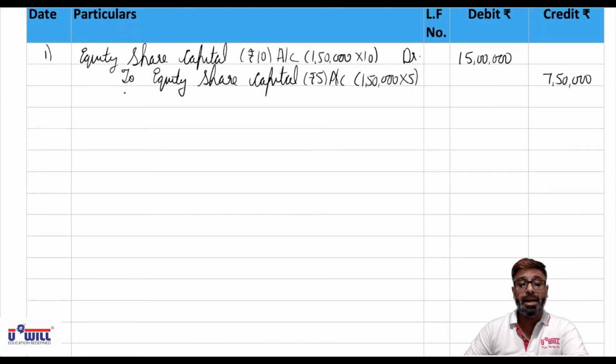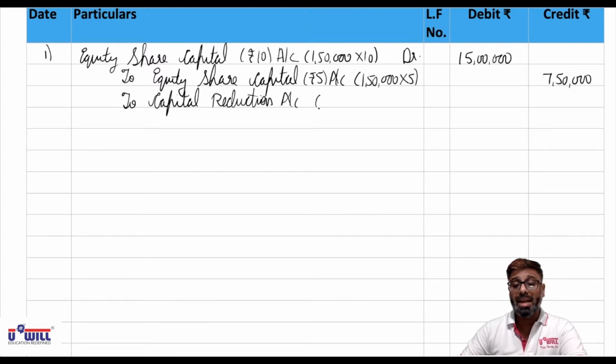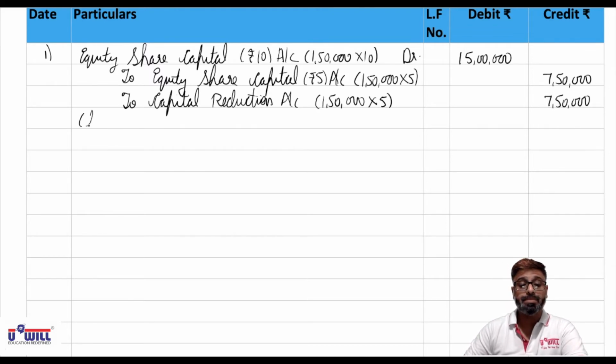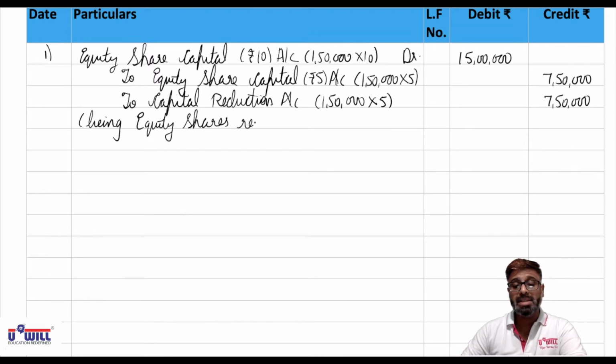So to capital reduction account with the remaining 5 rupees, that is 1,50,000 into 5, 7,50,000, being equity shares reduced from rupees 10 each to rupees 5 each.